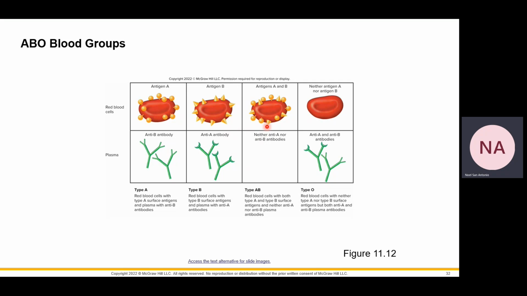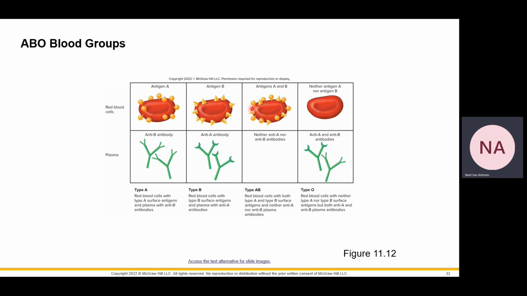Now, yung universal recipient will be followed only if what will be transfused is only packed red blood cells, if it is only the cells that will be transfused minus the plasma.